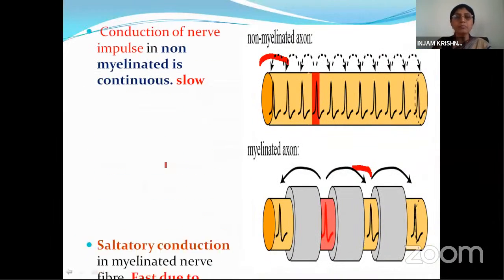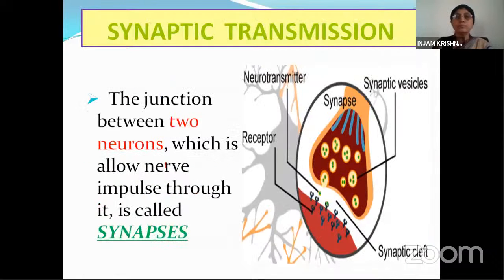Next concept is synaptic transmission. So far, what we have learned is, if a stimulus is received, how does the action potential get generated and how does it propagate to reach the CNS. To reach the CNS, the action potential is generated and propagated along the entire axon fiber.